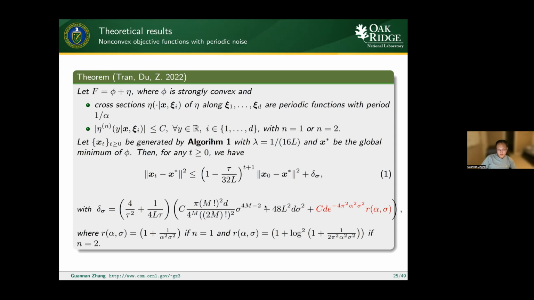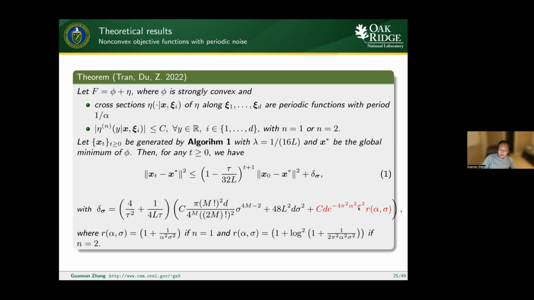So here we can see that in order to reduce this error delta sigma, we cannot just reduce sigma, the smoothing radius. When alpha is big, we can use a small smoothing radius, no problem. But what causes trouble is when alpha is small, basically when we have lower frequency perturbations.